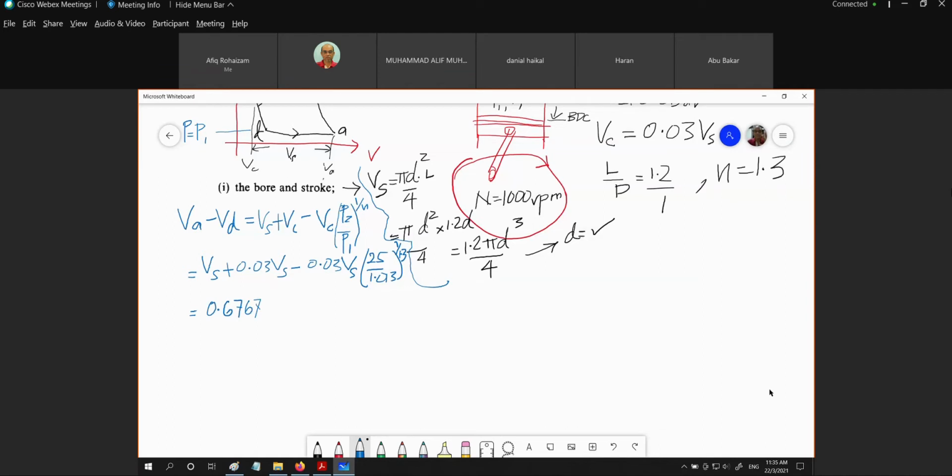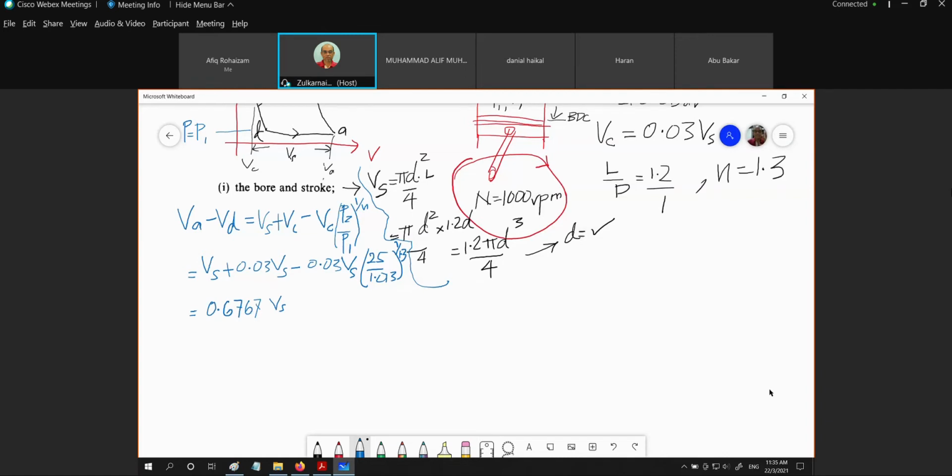Okay, 0.6767 Vs. Look again, is what we did correct? This is VA. VA is Vs plus Vc, okay. And then the VD is 0.03 Vs times 25 divided by 1.013 to the power of 1 over 1.3.